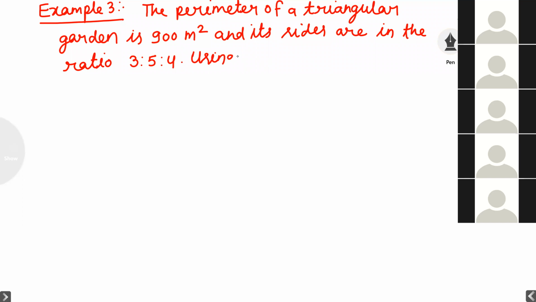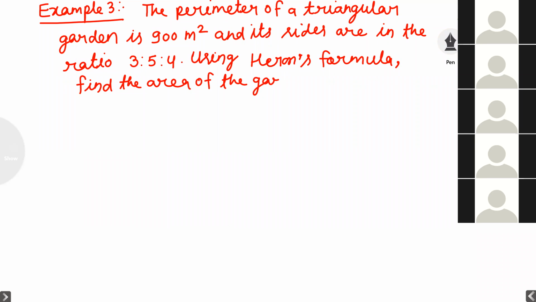Using Heron's formula, find the area of the garden.